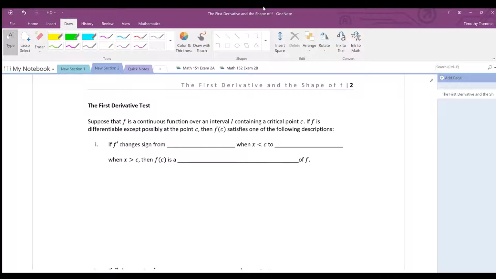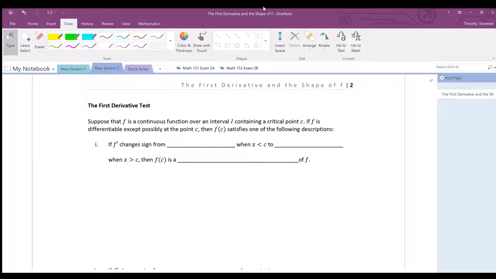So this is some point where either, right, the derivative is 0 or the derivative does not exist. If f is differentiable except possibly at C, then f of C satisfies one of the following descriptions.